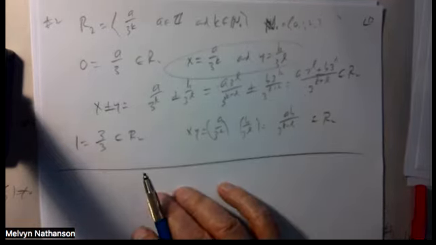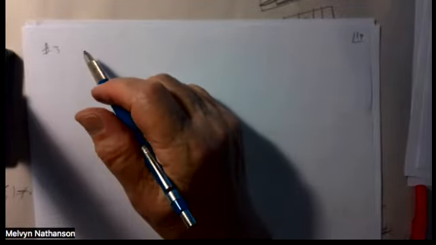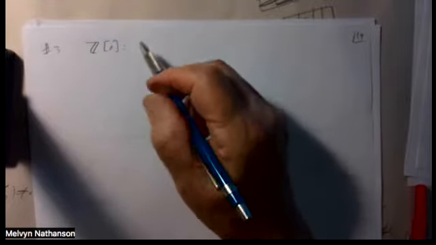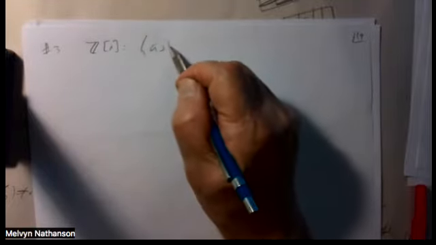Now, let's look at number 3 then. So we have Z[i]. This is all numbers of the form a plus bi.